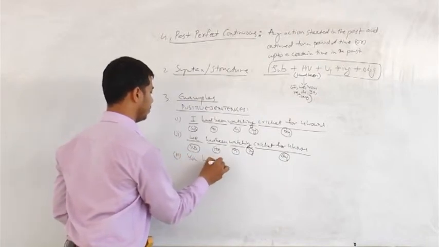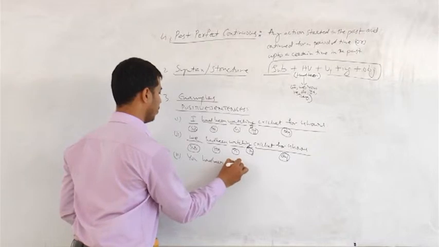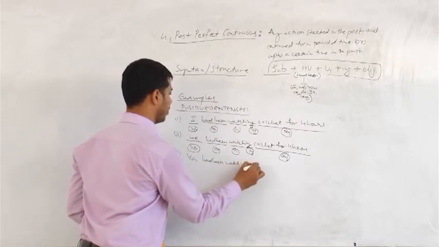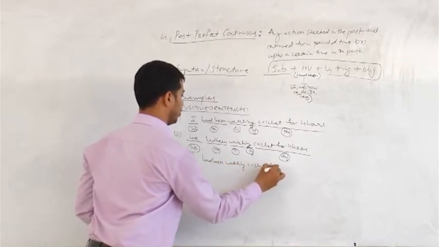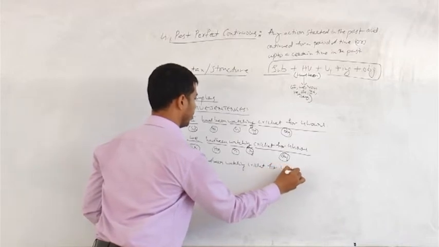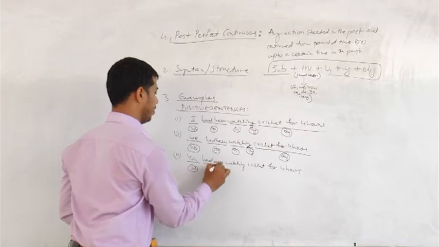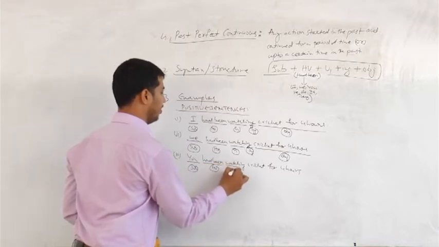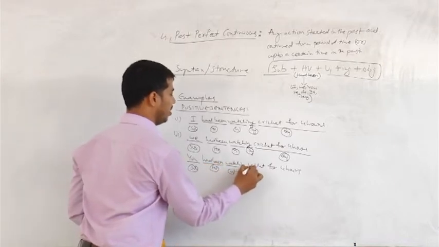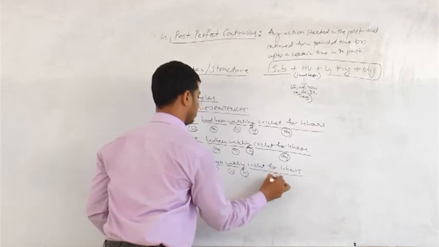You had been watching cricket for 4 hours. You is the subject, had been is the helping verb, watch is V1 plus ing, plus what? Object.